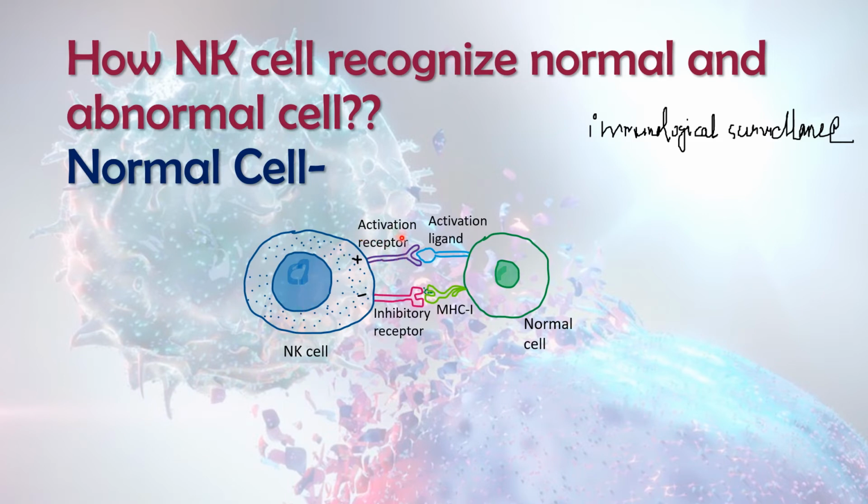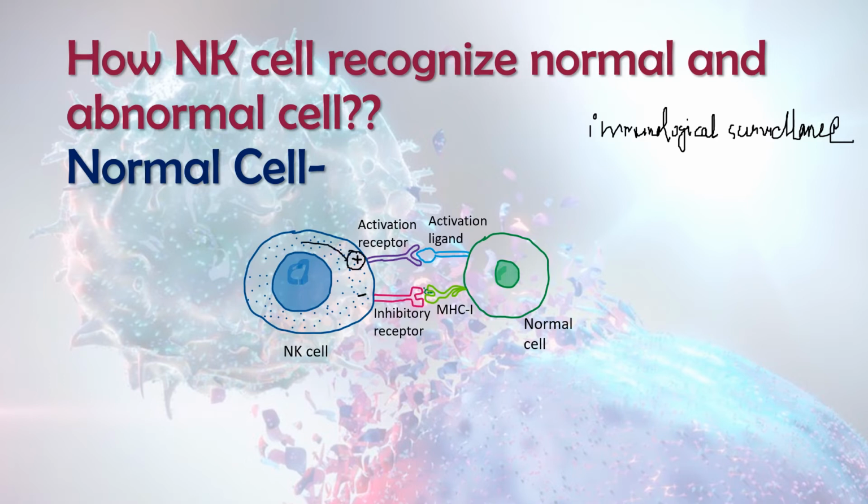The first one is the activation receptor and the second one is the inhibitory receptor. The activation receptor, this one, once it binds with the activation ligand, the NK cell gets activated. So as soon as the activation receptor binds to the activation ligand of a cell, it becomes activated.